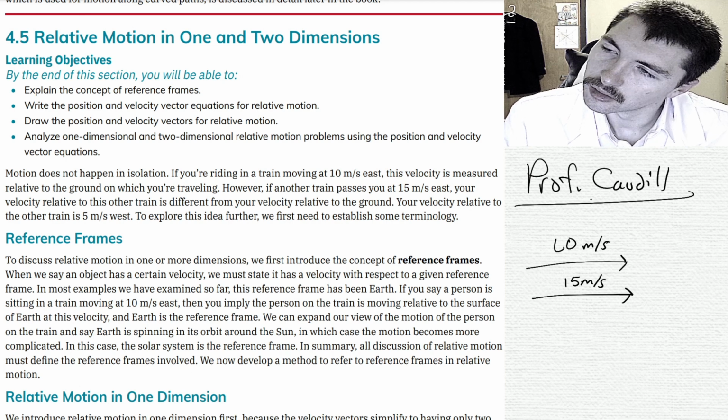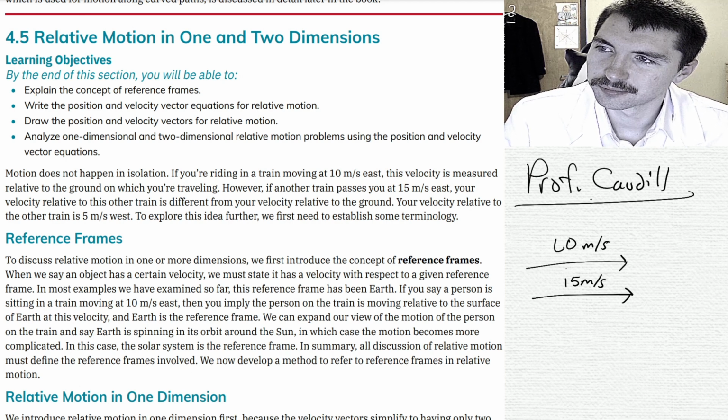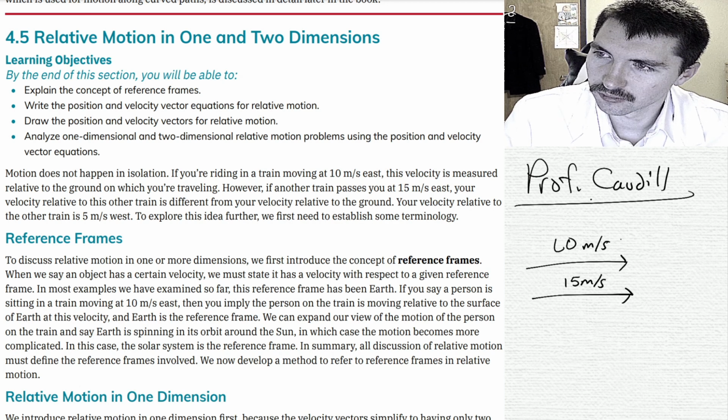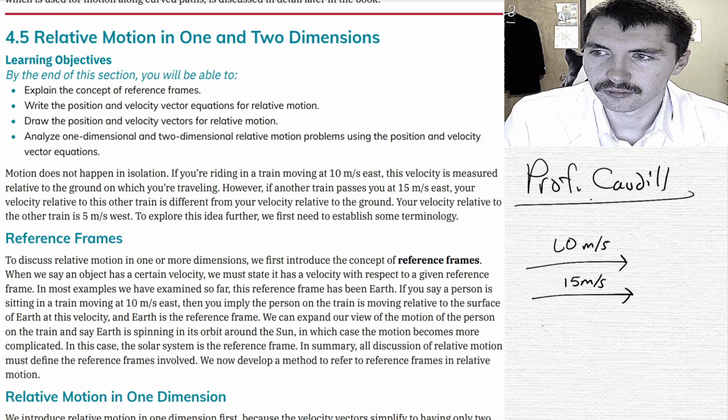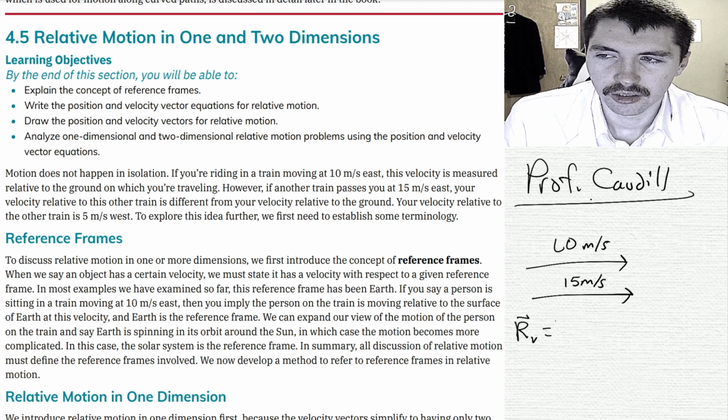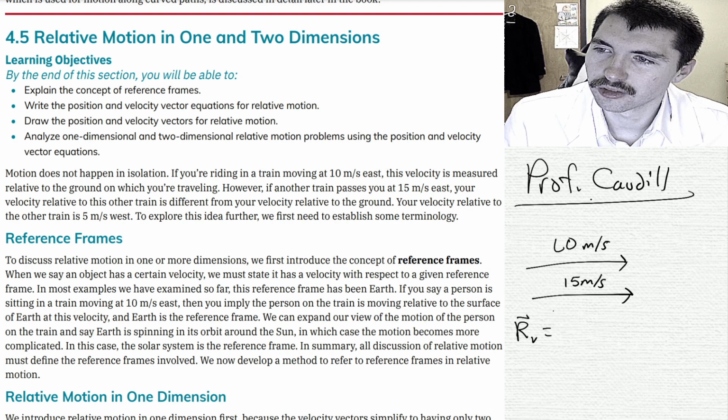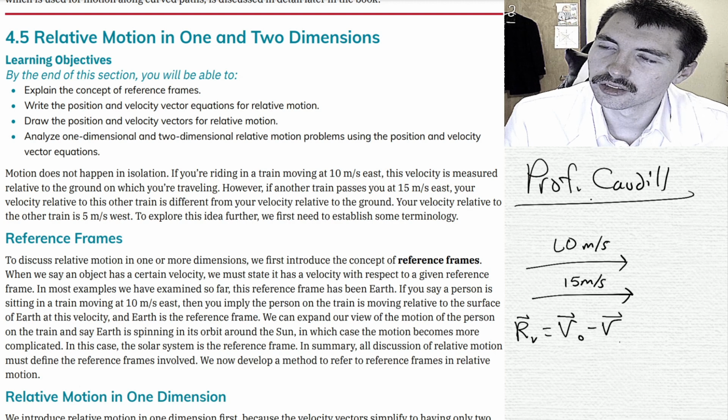So I'm guessing relative velocity is the velocity of the other minus velocity of the person.